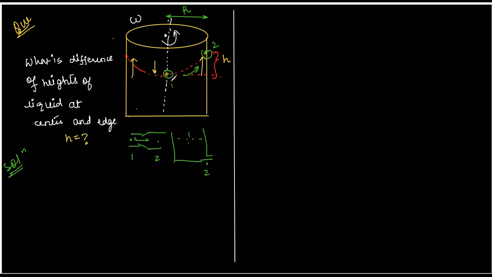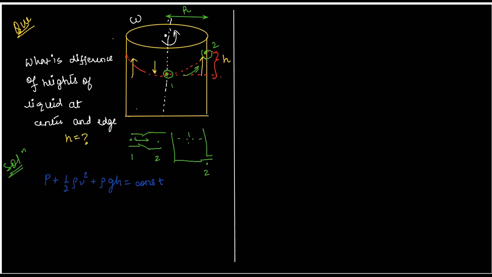Let's say one point is named as 1, the other is 2. So how is Bernoulli's equation given? P plus half rho v square plus rho g h is constant. Absolutely correct. Now I will write this equation for point 1 and point 2.